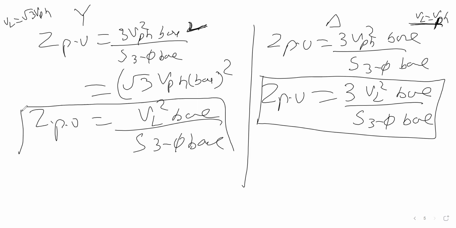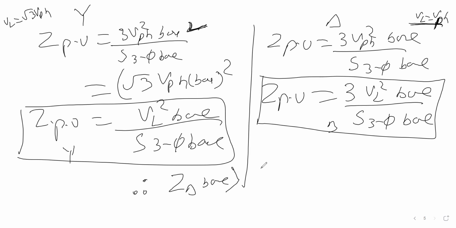So this is the difference for star and delta. What do we conclude? We conclude that this delta base is more or greater than your star base.